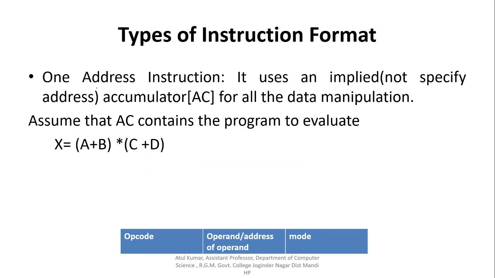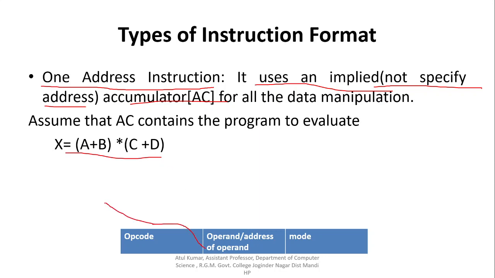So the next instruction format is the one address instruction. It uses an implied accumulator for all types of data manipulation. Implied means it does not specify any kind of address, so we are actually dealing with a register that is the accumulator. So how to solve this expression with the help of one address instructions?